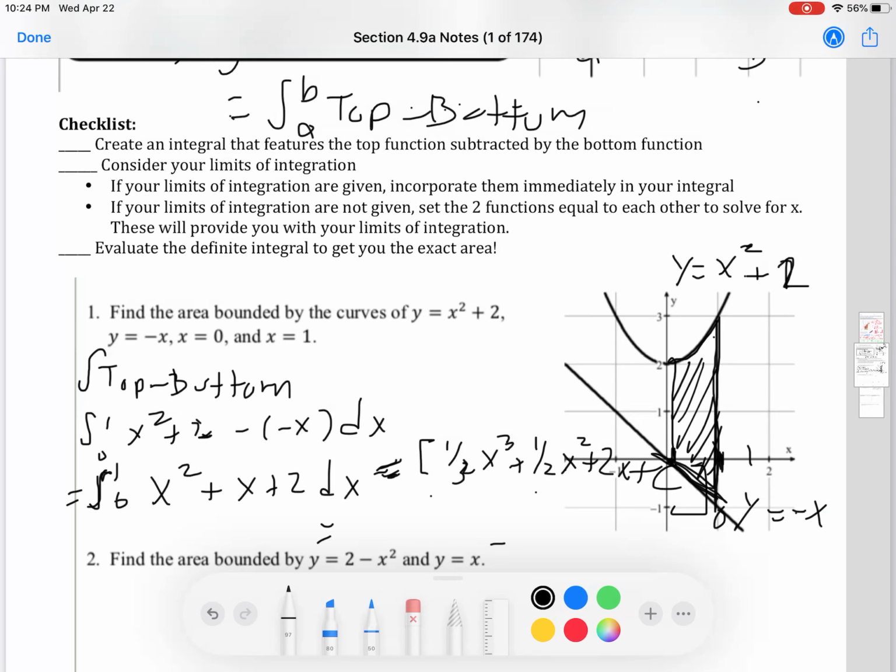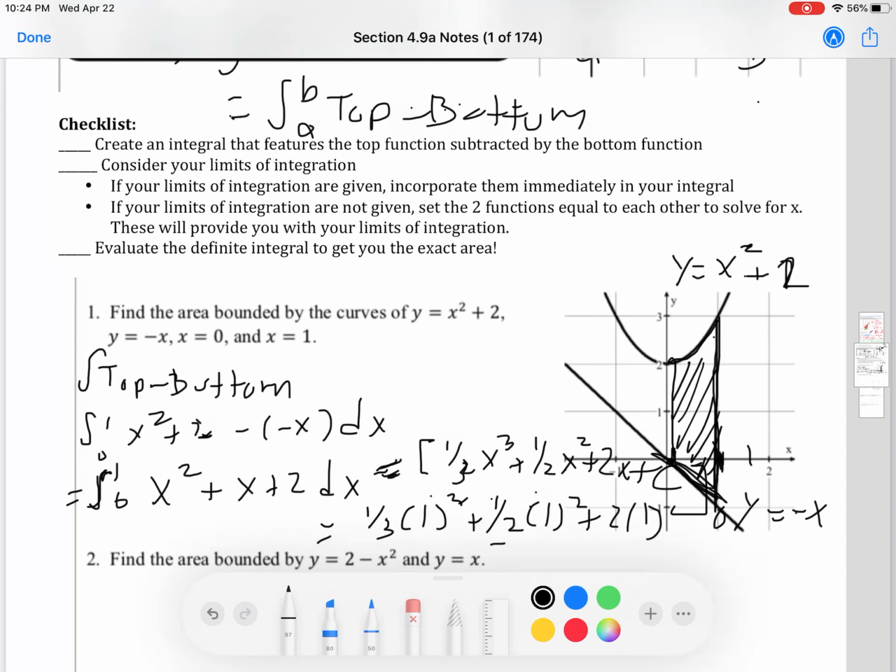When we plug in 0, that's pretty obviously going to be 0. But when we do 1, I'm going to put in a 1 each time. And if you like changing to decimals, that's fine.